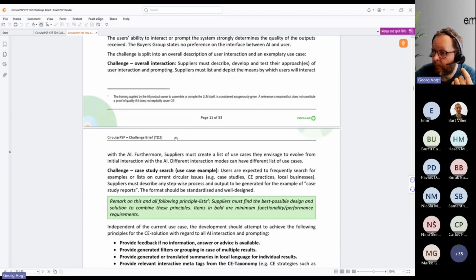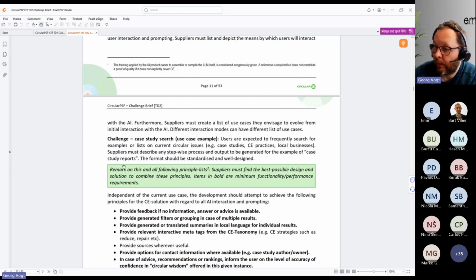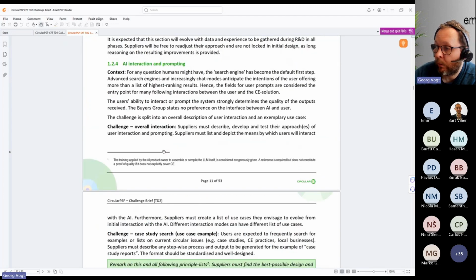Here we foresee a case study, which you are to describe, which will also be, during phase one, one of the first test scenarios for us. We will basically test your AI with first searches on case studies, and then we will see what your AI and overall solution is capable of.